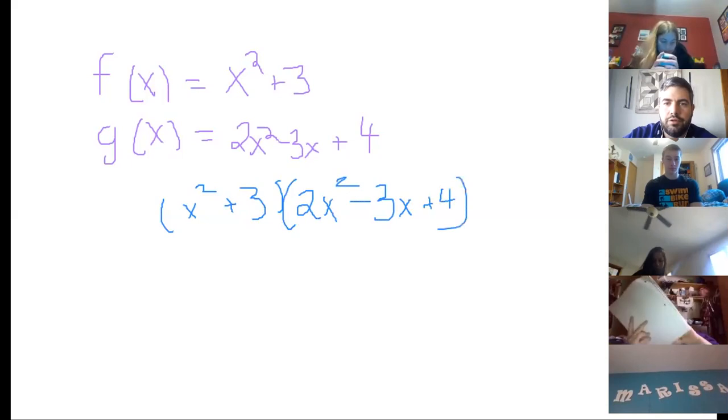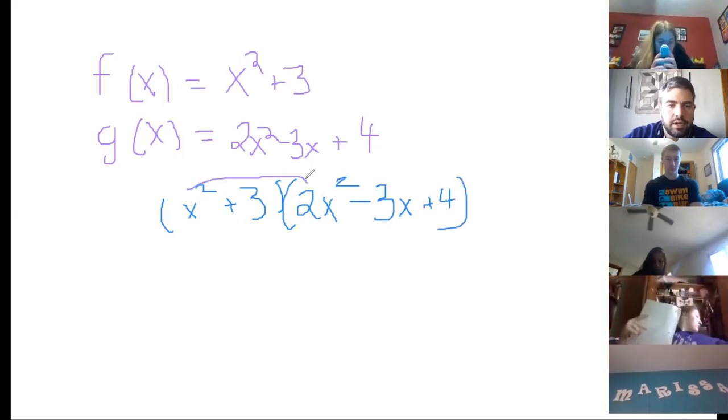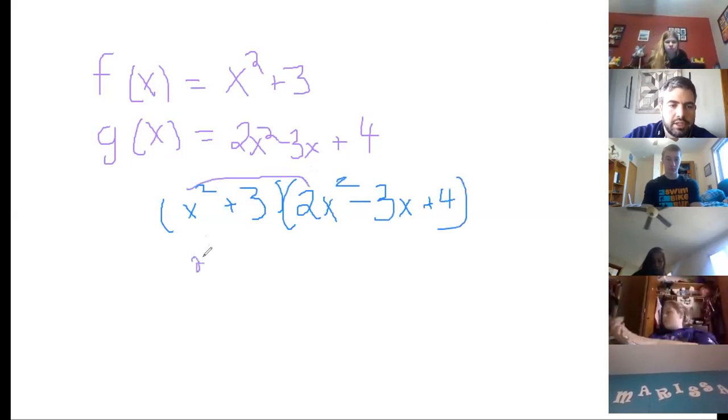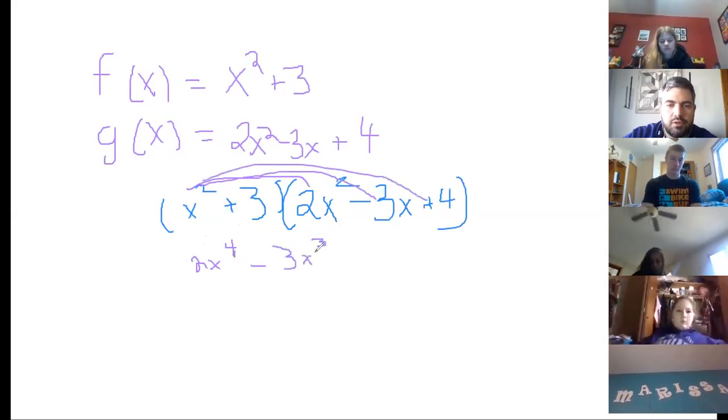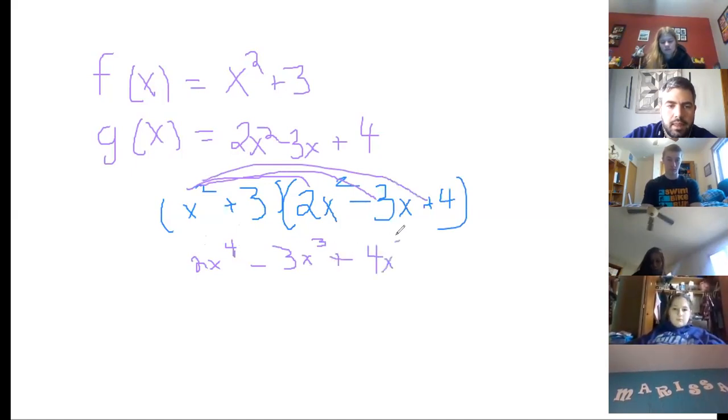And so now to FOIL, we would just take x squared times 2x squared would be 2x to the 4th, right? And then x squared times minus 3x would be minus 3x to the 3rd. And then x squared times 4 would be 4x squared, okay?